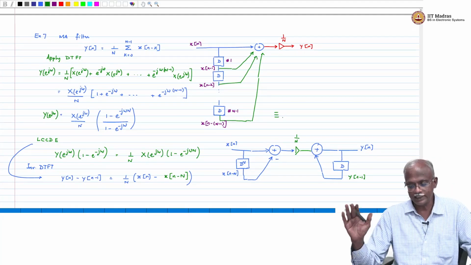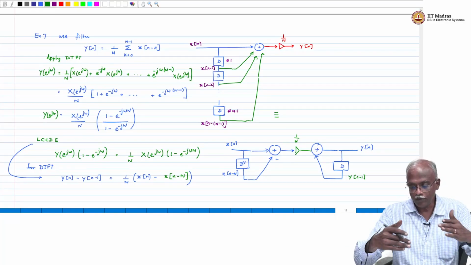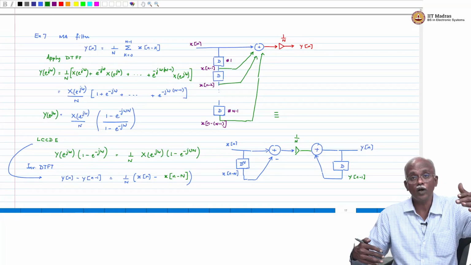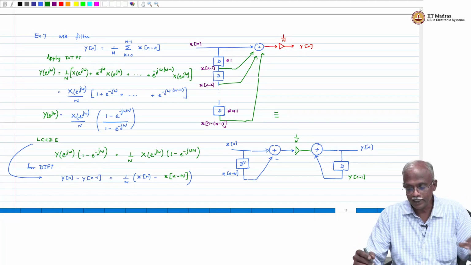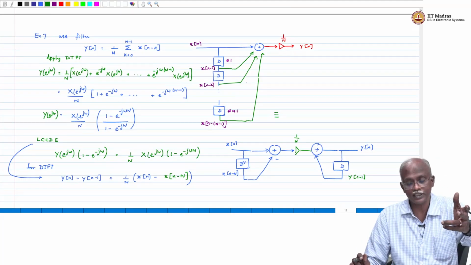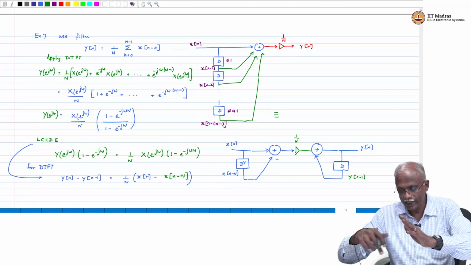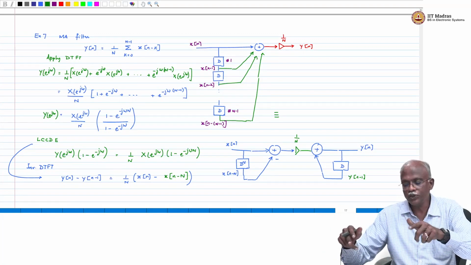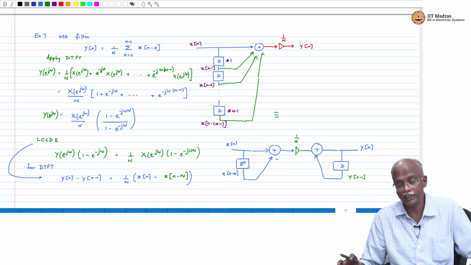They compute exactly the same behavior. And of course, if N was a very large number of delays, you are averaging over a long duration, the number of computations that you will encounter in the first structure is much more than the number of computations in this one, because in the second one, for each output you have to compute 2 additions and 1 multiplication, and that is all that is there.